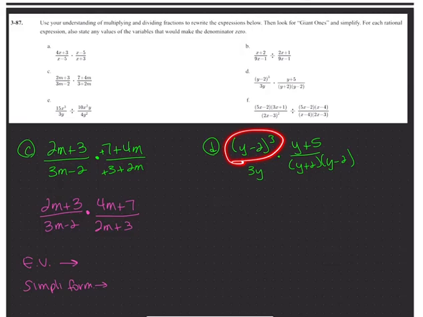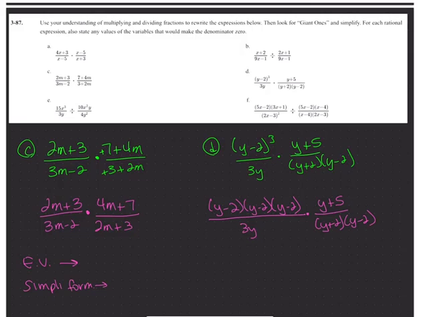It means you're multiplying it out 3 times. So if it helps, do a y minus 2, a y minus 2, and a y minus 2 all over 3y times y plus 5 over y plus 2, y minus 2.